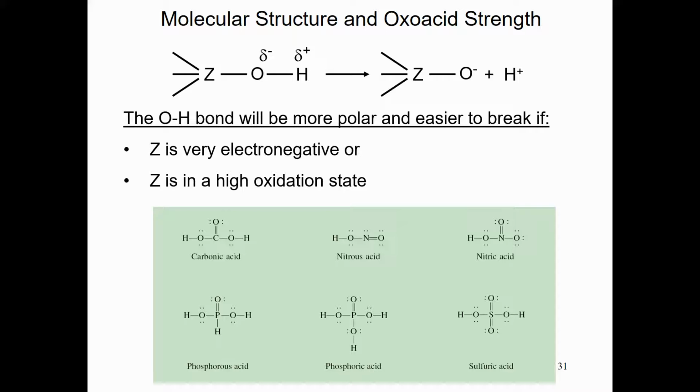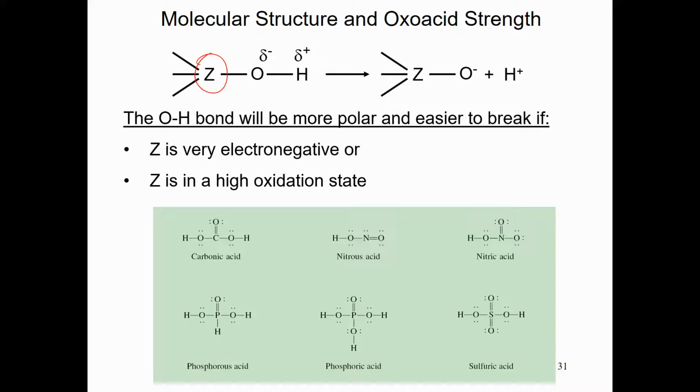So here we have carbonic acid. Carbonic acid is a weak acid, and it has 3 oxygens and 2 hydrogens. So that oxygen to hydrogen ratio isn't that much different. And carbon is not a very electronegative center, so it doesn't pull electrons away as strongly.